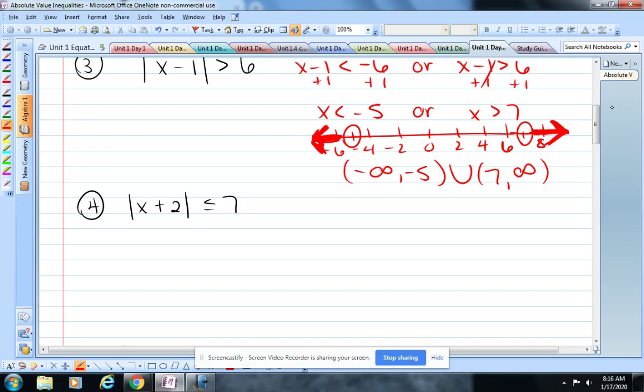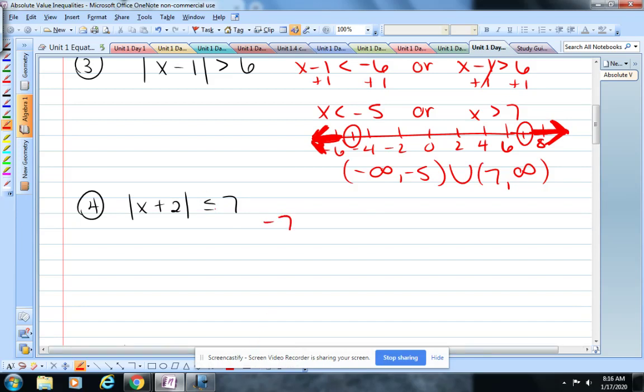So, first of all, are the bars by themselves? Yes. So, y'all tell me, do you think this is an and or an or? And. It says less than or equal to, so it's an and. All right. So, remember to set up an and, you take the number on the outside and make it negative.